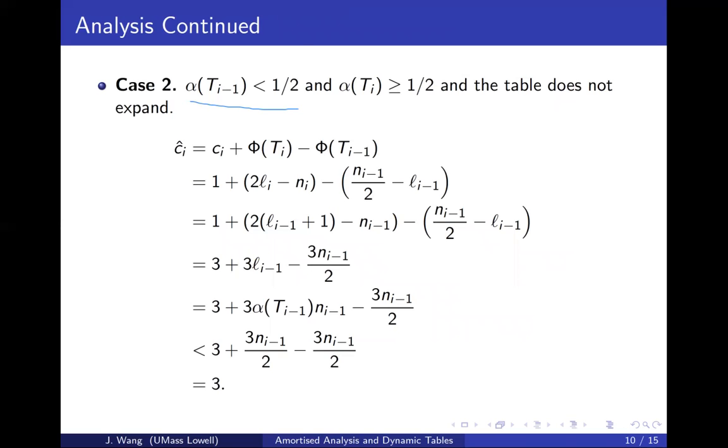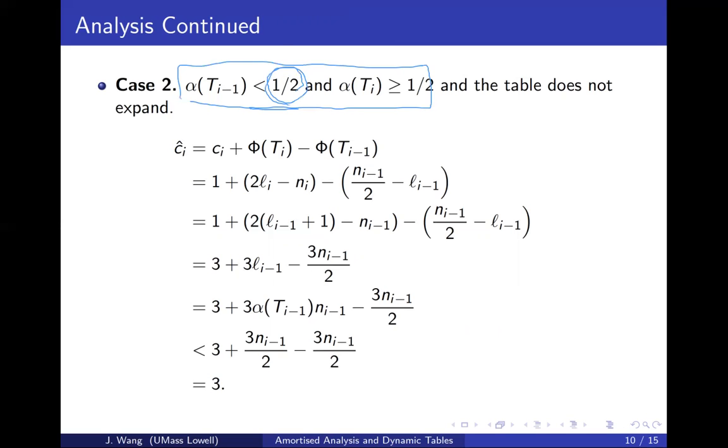Now, remember this 1/2 is a transition point of different values made by this potential function. Suppose that's the case, and suppose that the table does not expand.